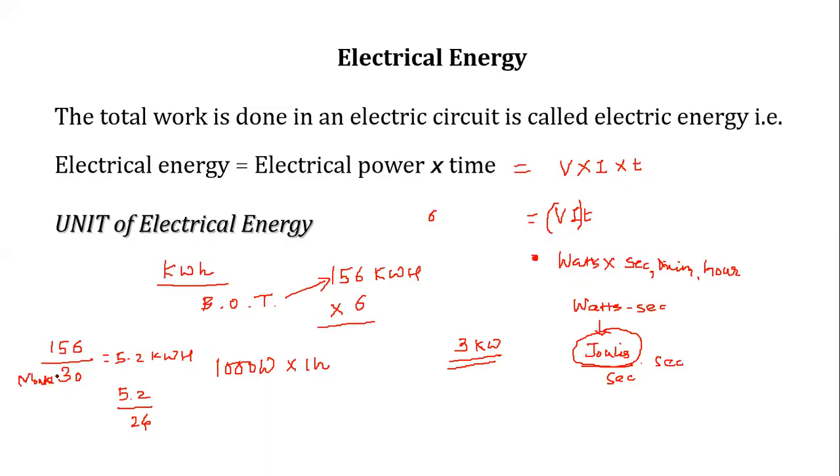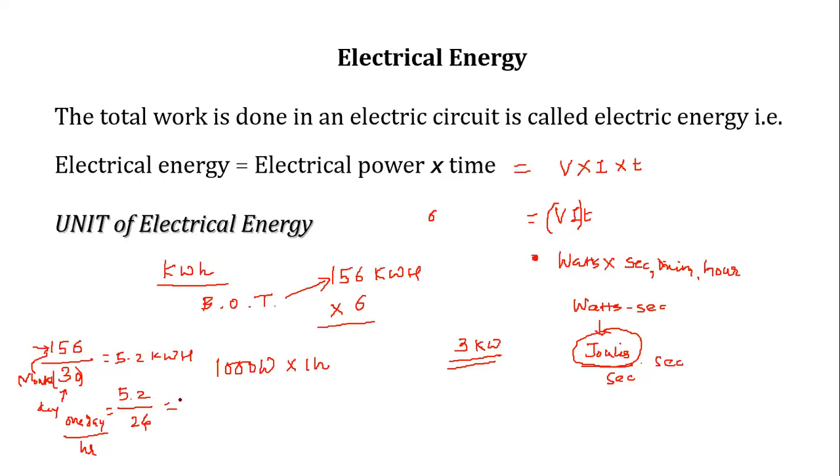This is for a month, and these are days. In one day he consumes this much. So per hour, in one day, how much power is he consuming? That will be 5.2 divided by 24, right?